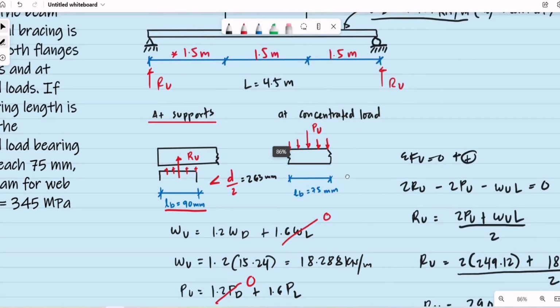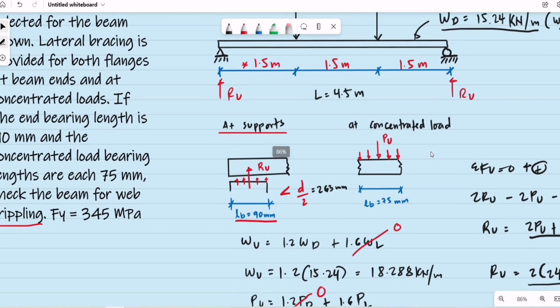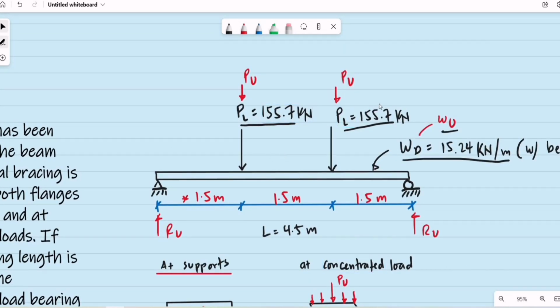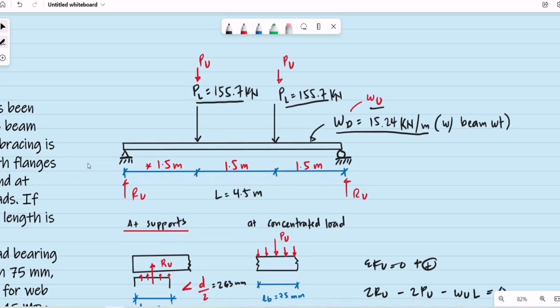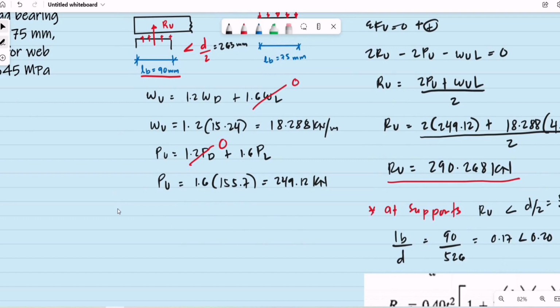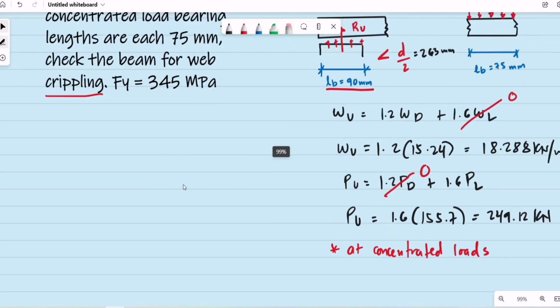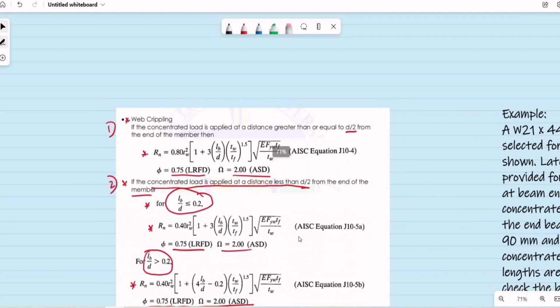Next, let us check if there will be web crippling under these two concentrated loads. At concentrated loads, which expression will be applicable?